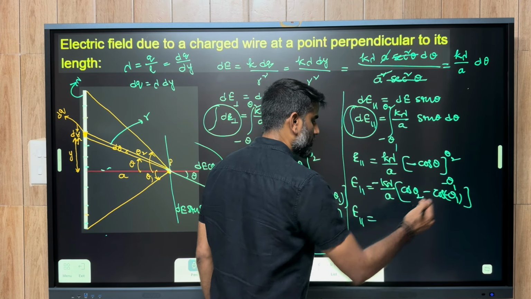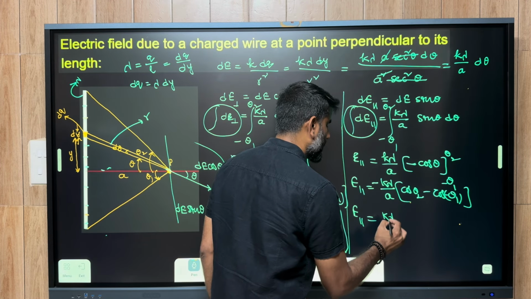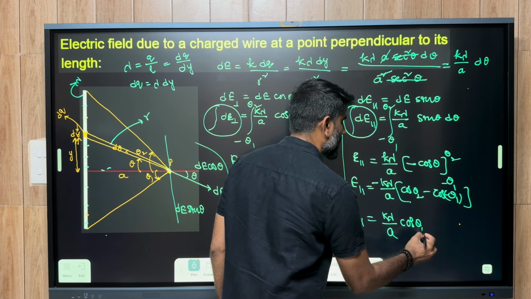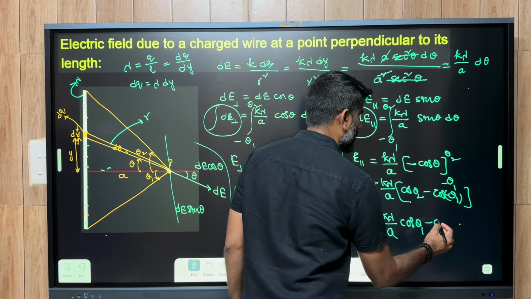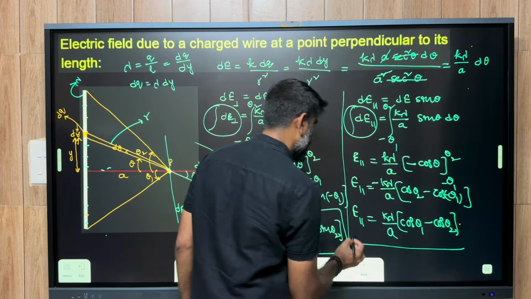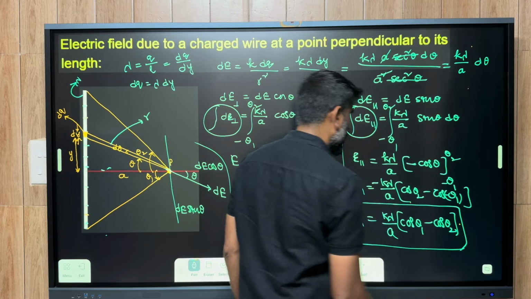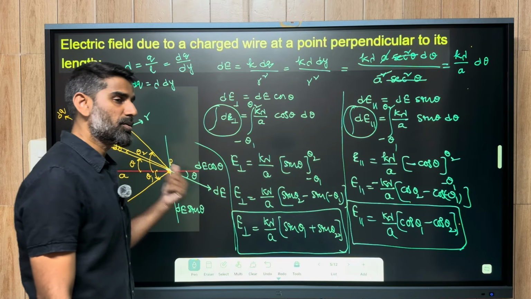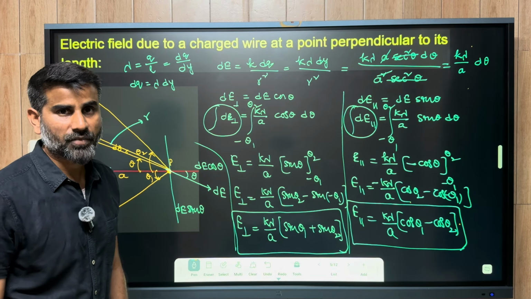If I multiply the negative sign in, I get E parallel equals k lambda by a times negative cos theta 2 plus cos theta 1. So this is the expression for the parallel component of electric field due to a charged rod at a point perpendicular to the rod.